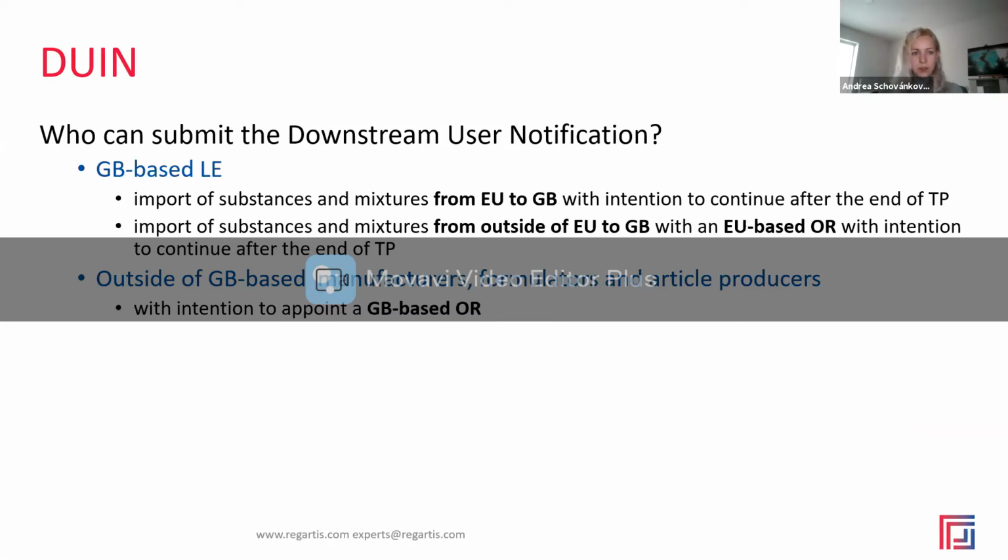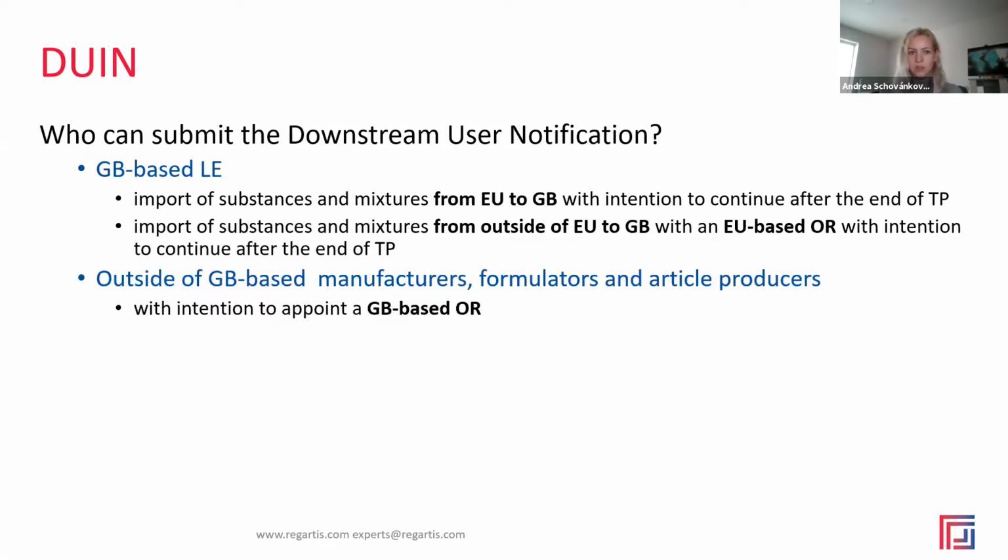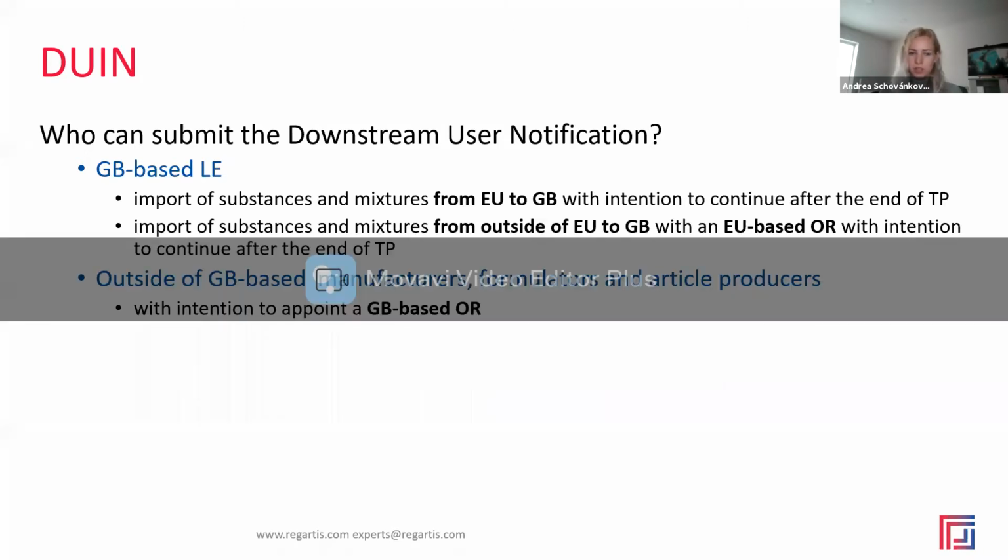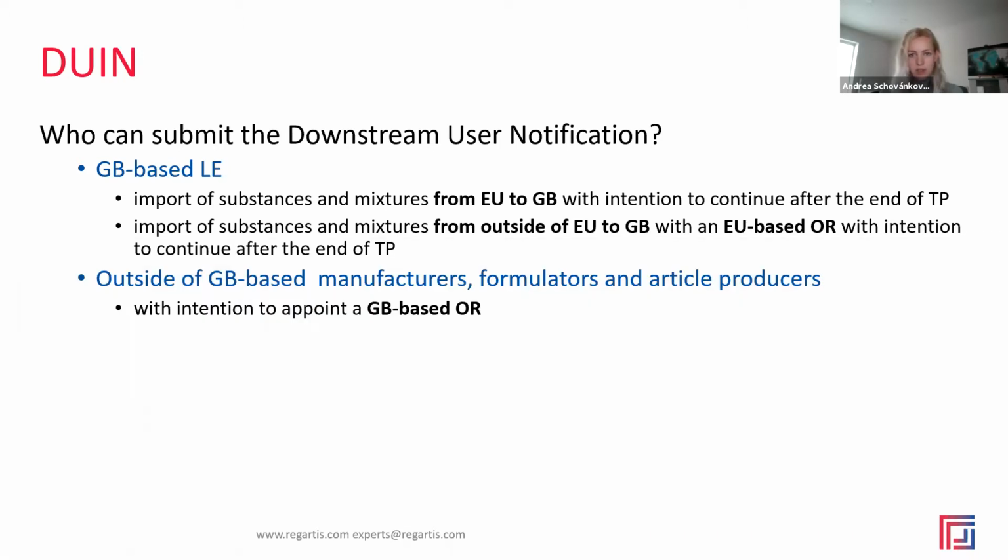It is meant for Great Britain-based legal entities that import the substances and mixtures from the European Union to Great Britain, and they intend to continue right now after the transition period, and also for the companies, the legal entities, that import substances from outside of the European Union to Great Britain, and also for the companies that are not set in Great Britain and they use the only representative in Great Britain.